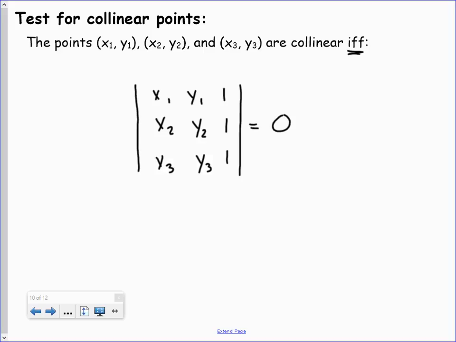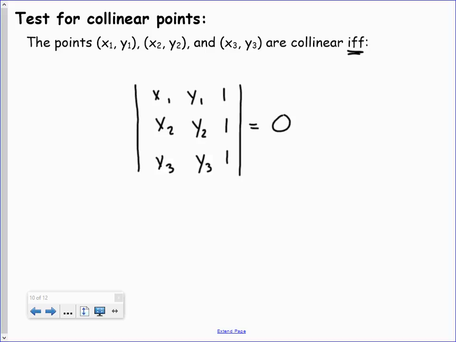So the 3 points will be collinear if and only if the determinant is equal to 0. Can anybody make a connection to our area of a triangle? Why would it be true that these points are collinear if the determinant is 0, based on what we just talked about with the area of a triangle?